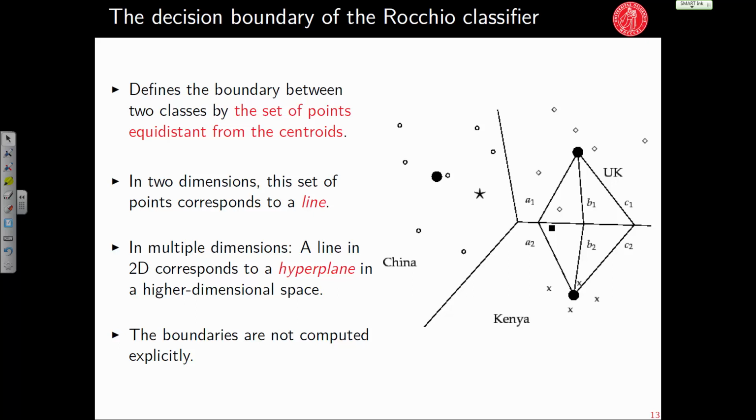These are linear decision boundaries. And an unclassified object like the square here falls under the decision boundary that belongs to Kenya. So we're sure that its distance to Kenya is smaller than its distance to the centroid of China and the UK.